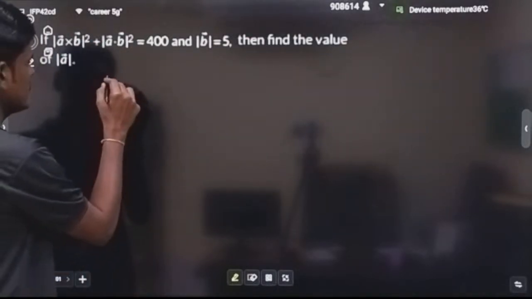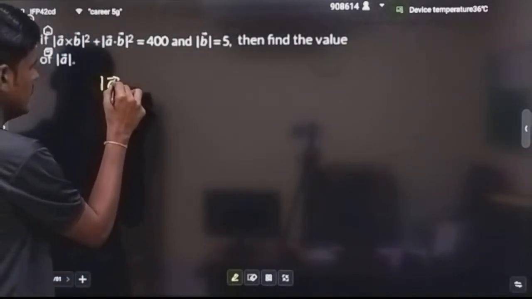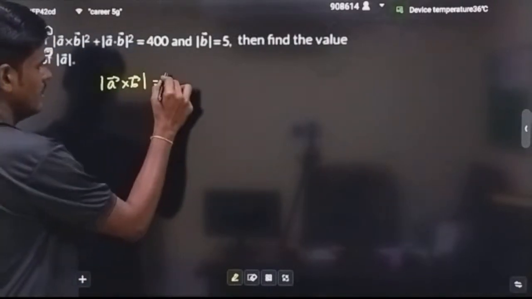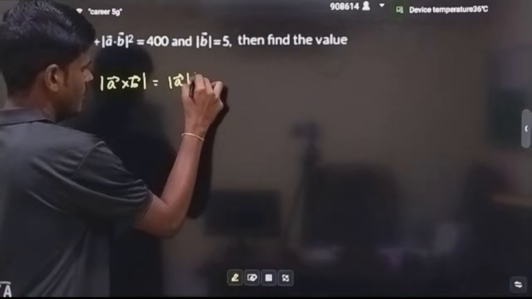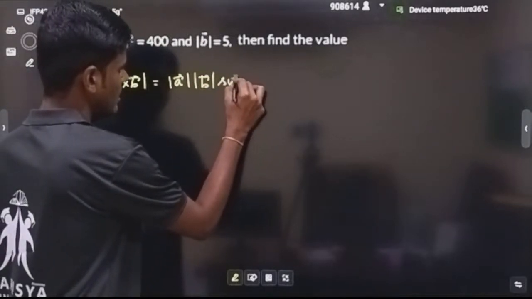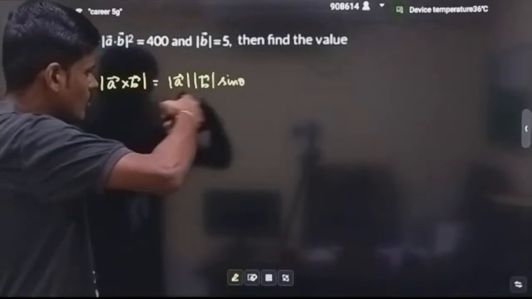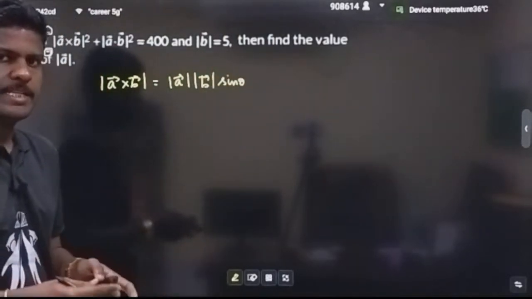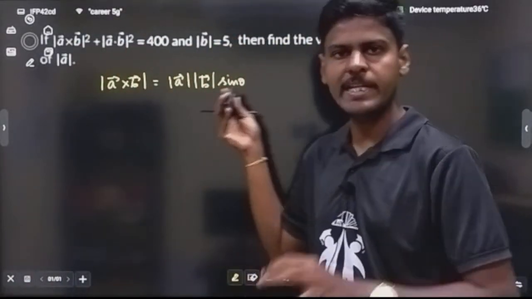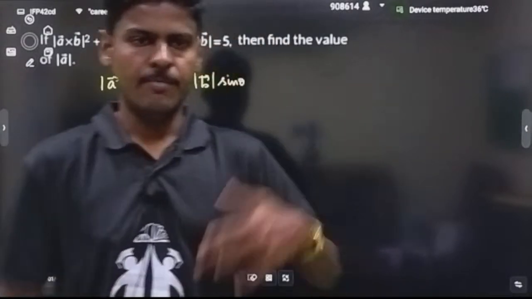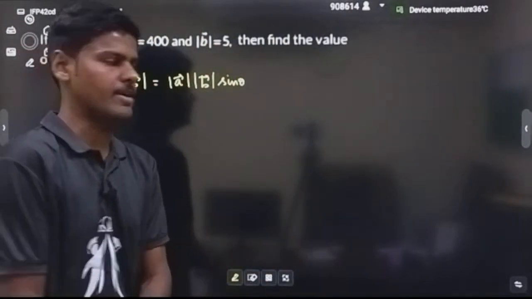Modulus a cross b is given by mod a mod b sin theta into n cap, total modulus. Obviously mod sin theta will be sin theta itself, because sin theta is positive between 0 to 180. And what is modulus n cap? That is 1 because it is a unit vector.